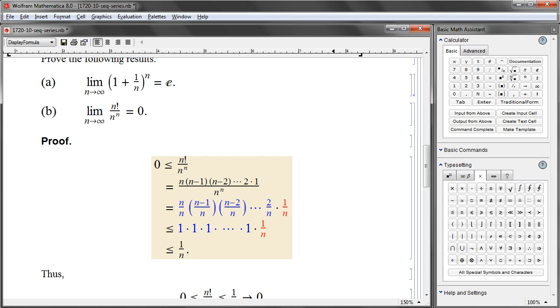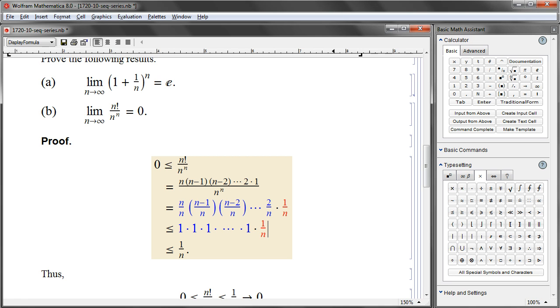So we have this fraction, and you can decompose it into n over n, n minus 1 over n, n minus 2 over n, and so on. That goes all the way up to 1 over n. So early on, both numerator and denominator are big. The latter part, only the denominator is big, the numerator is not. So it looks like the denominator is going to be much bigger, so the limit will be 0.